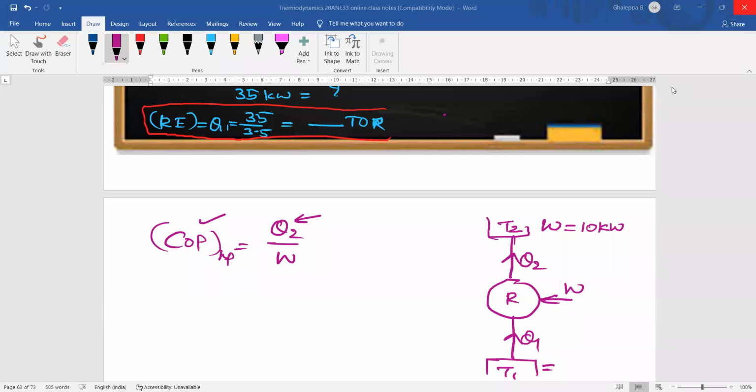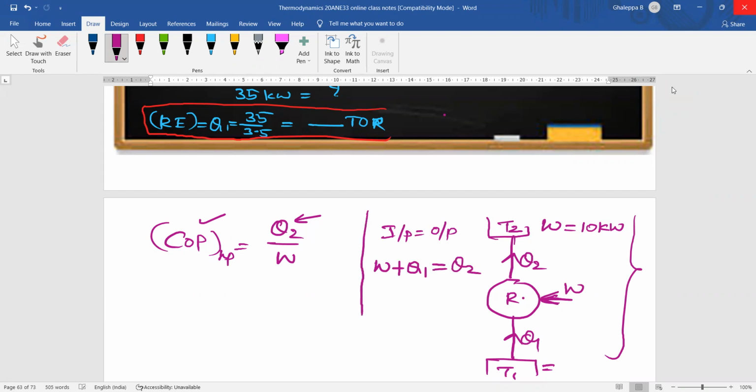Apply one simple hint: input is equal to output. For this cycle, which are the two input energies? W is one input to the refrigerator, and Q1 is also one input. So work W plus Q1 is equal to the output. For this cycle, input energy is equal to output energy. So I need Q2.